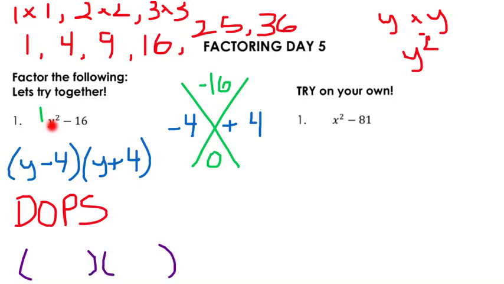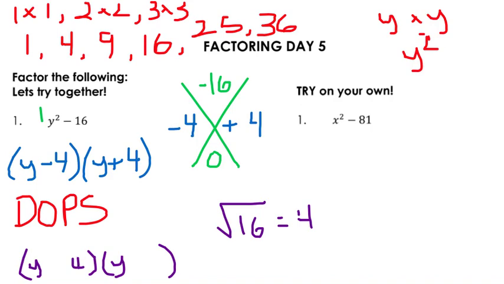My y squared, the square root is just y, so that's going to lead off my factors. You could also plug in the square root of 16 into your calculator. So if you don't know what the square root symbol is, it just looks like that. So you could use your square root of 16, plug that into your calculator if you can't do it in your head, and it just becomes a 4.